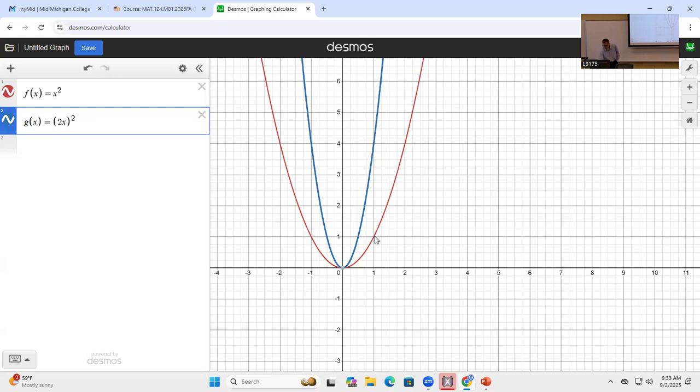So here we had the point (1, 1) originally. It got shrunk in by a factor of 2. So the x value changed to 1/2 and the y value stayed the same.